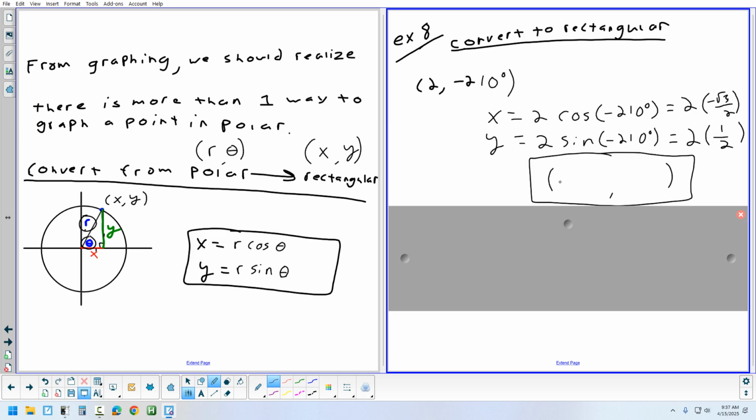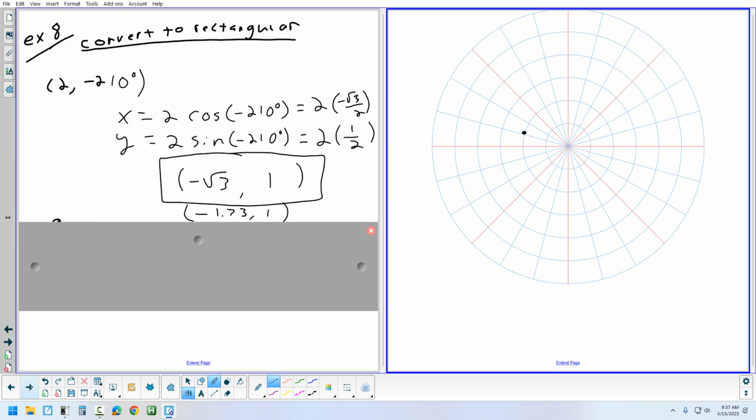Yep, just negative root 3. And what's 2 times a half? 1. There you go. That is the exact answer when you convert that point in polar to rectangular. If you want it as a decimal, you could also do negative 1.73, comma 1. Okay. Any question on that one?